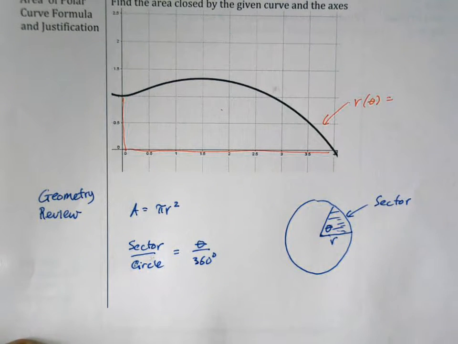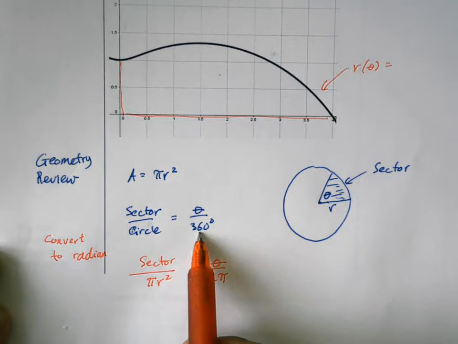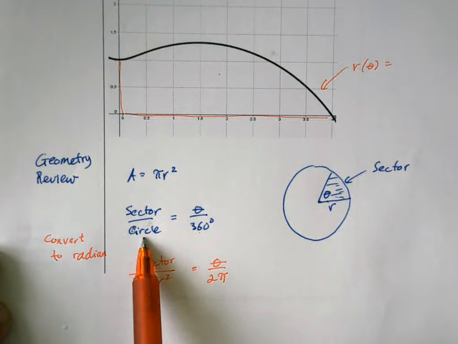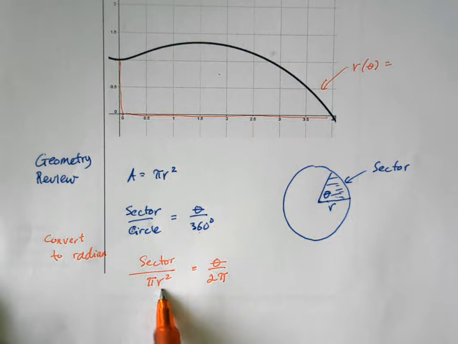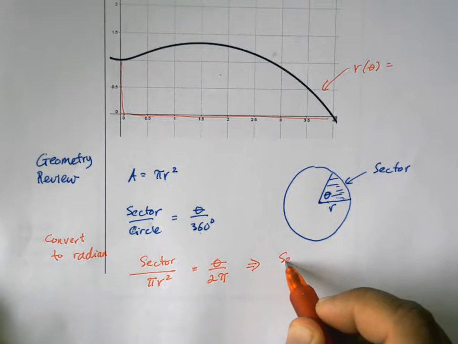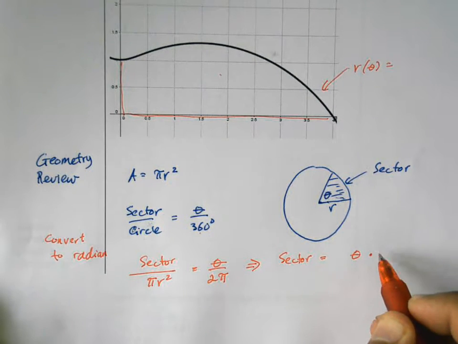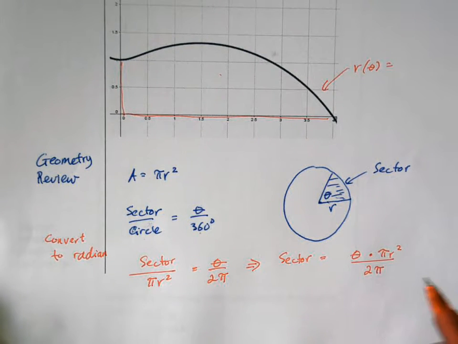Now, in Algebra 2 and beyond, we stop messing around with degrees and we start using radians. So let's convert it to radians. Instead of 360 degrees, I have 2 pi radians. And instead of writing circle, I'm just going to write the formula for the area of a circle. Then we do some algebra, and we get the result that the area of the sector is equal to theta times pi r squared divided by 2 pi.